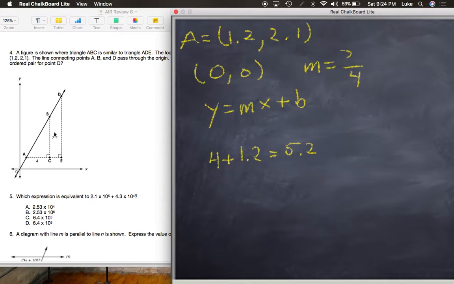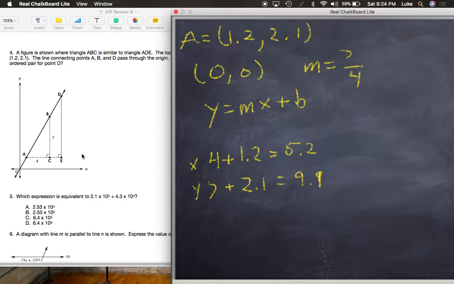Our b-coordinate for y is going to be 7 units higher than our original 2.1. So this is our x-coordinate. Our y-coordinate is going to be 7 plus 2.1, which is going to give us 9.1.